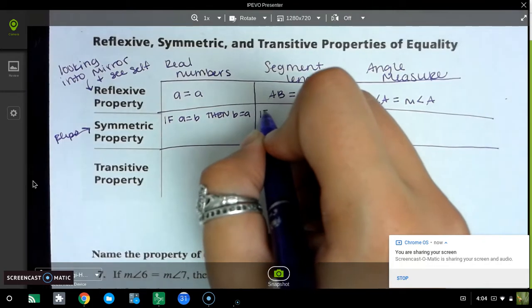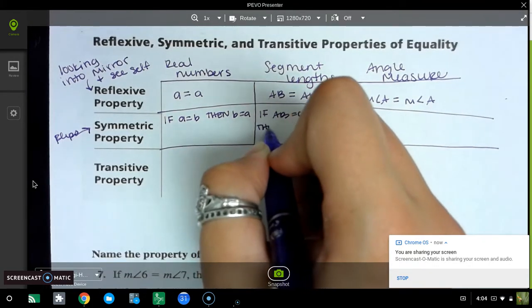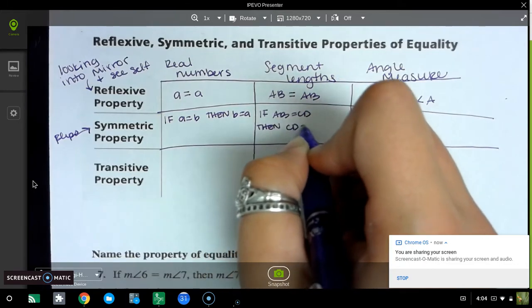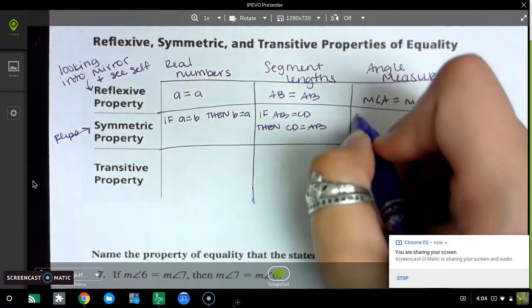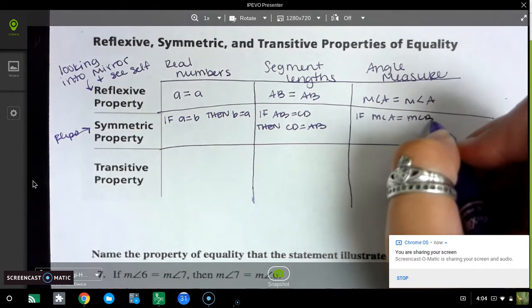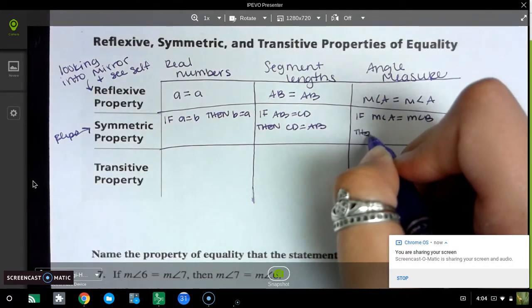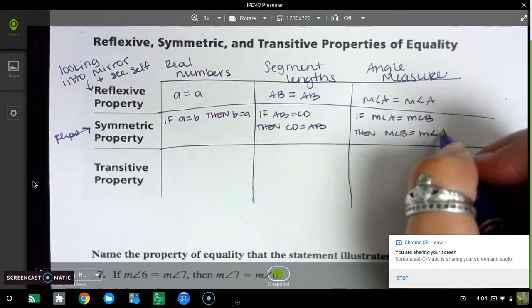So for a segment, if AB equals CD, then CD equals AB, right? It just flipped. Angle measure, if measure of angle A equals measure of angle B, then measure of angle B equals measure of angle A.